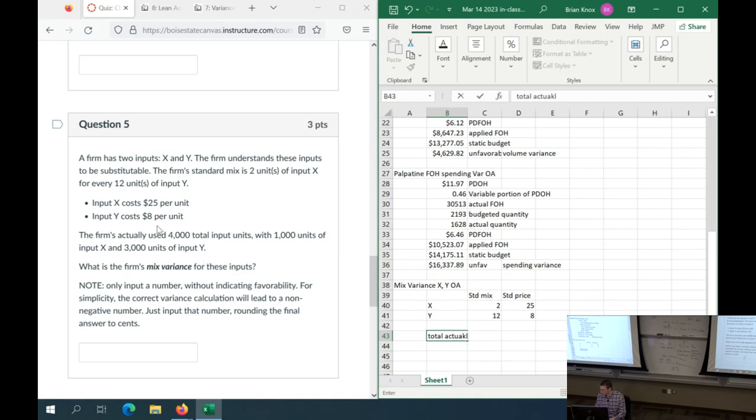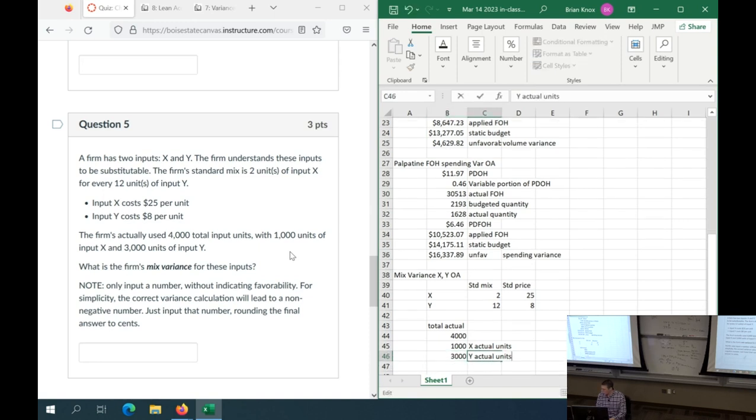Total actual input units of 4,000, which is 1,000 X and 3,000 Y actual units.